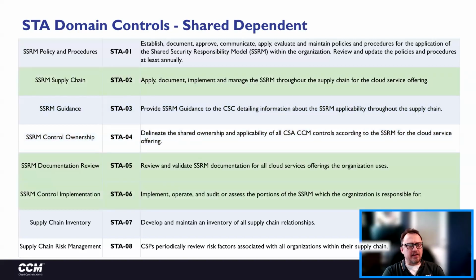Let's take a look at some of those shared dependent controls that we talked about. So these are where both parties work together to define, document, and manage the responsibilities. Like the controls STA02, STA05, STA06. These talk about the supply chain, they talk about document review, and they talk about implementation.